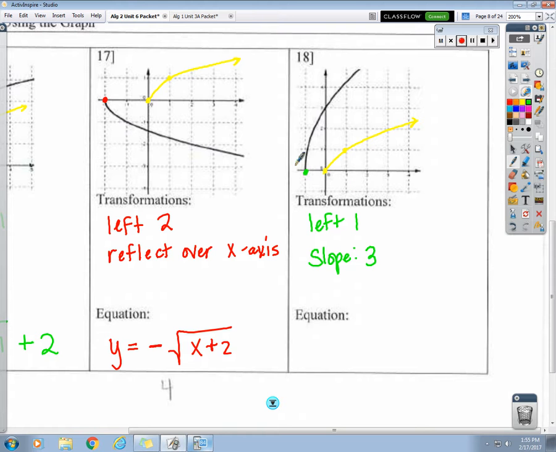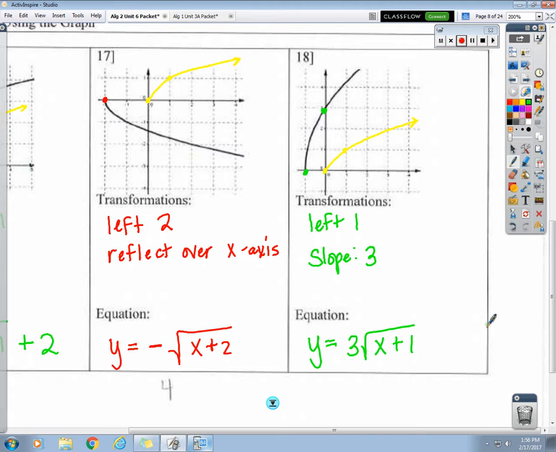Look, to get to this point, to the next one, don't you have to rise 1, 2, 3 over 1? So the slope is 3. Did it reflect at all? No, it's still going the same direction. So the equation would be y equals what? 3 times the square root of x plus 1. Right.